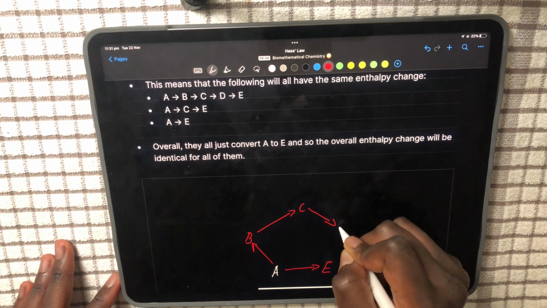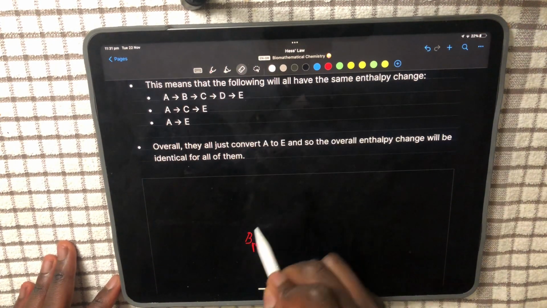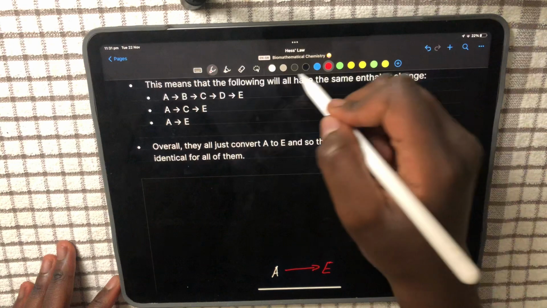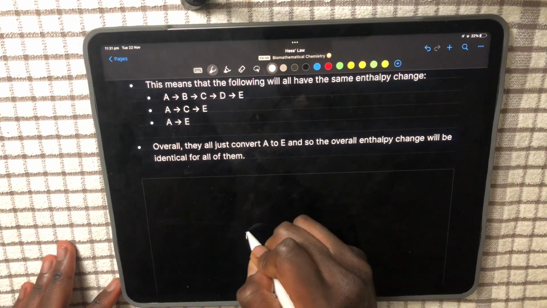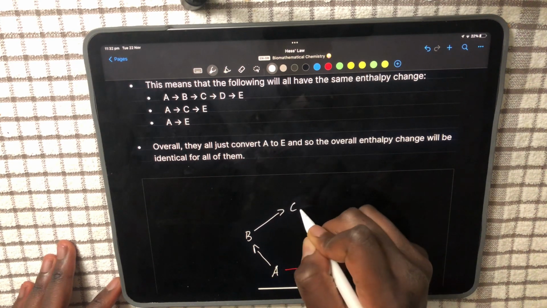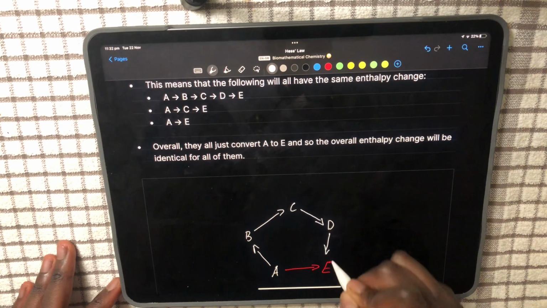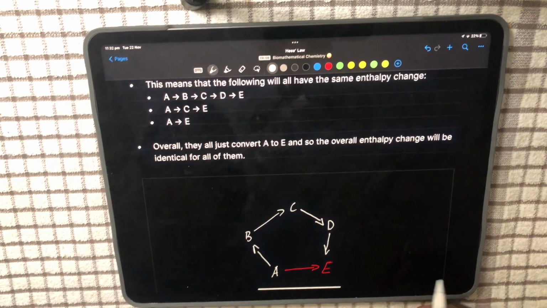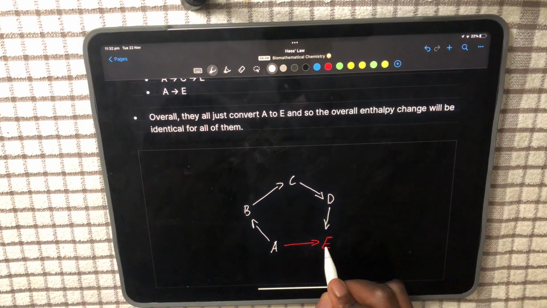Actually, I want to do this all in white. We know what the enthalpy changes for that reaction from A to B, from B to C, from C to D, and then from D to E, right? All of this going all around the circle is the same as going from here to here.